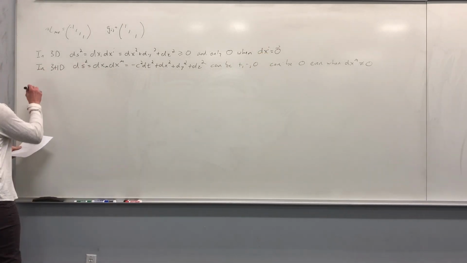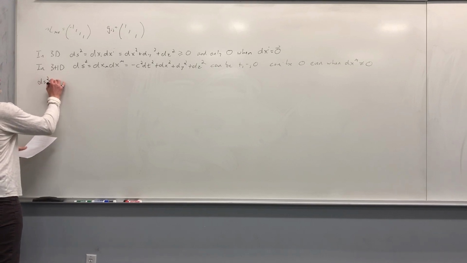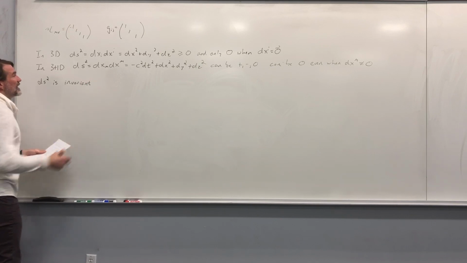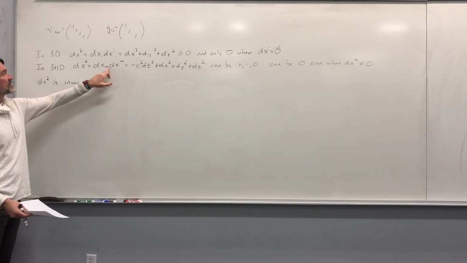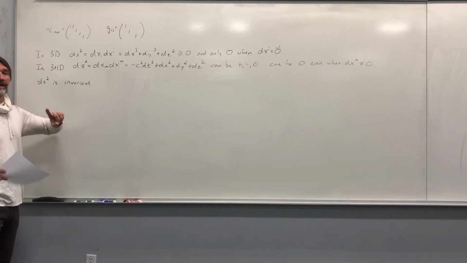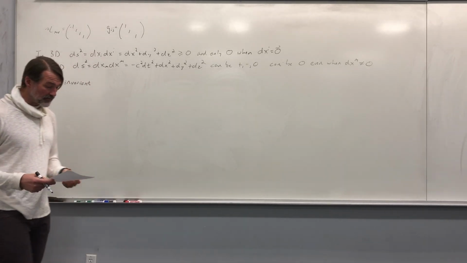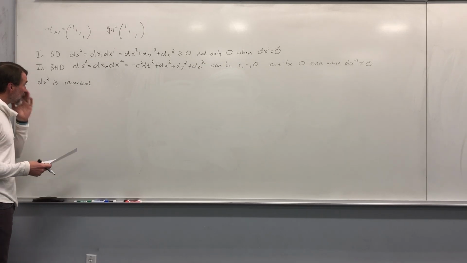Now, another important thing is that ds squared is invariant. It's invariant, of course, because it's a combination of a vector and a dual vector. These transform in ways that are exactly the inverse of each other, so the transformation matrices cancel to give the identity.